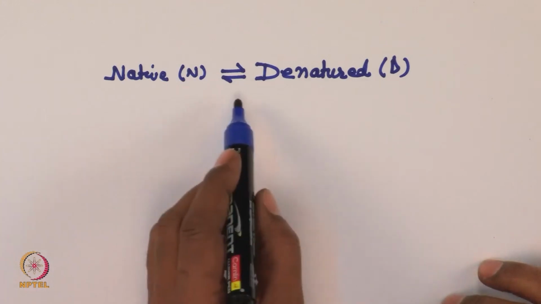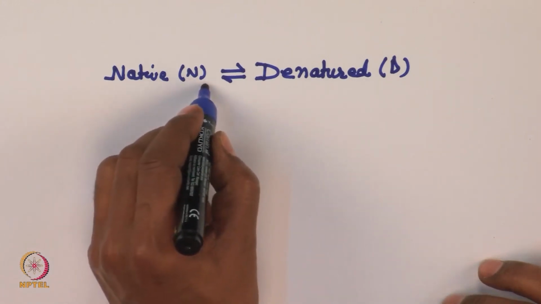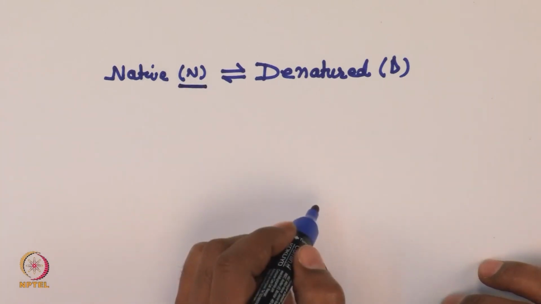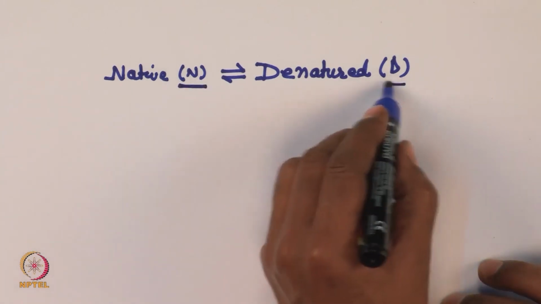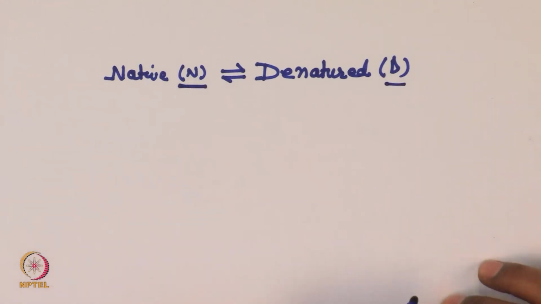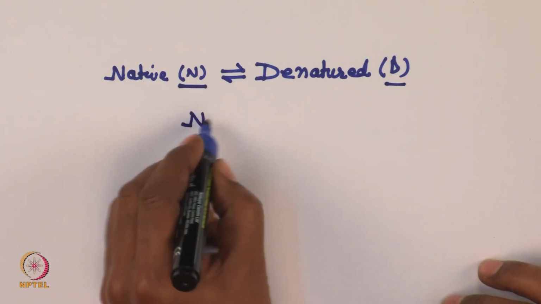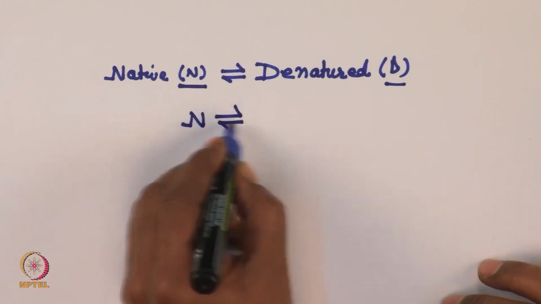Reaction mechanism means that I am starting with the native state and the final state is the denatured state, and in between there is no other state. That is what I mean by two state. I can write this N going to D.